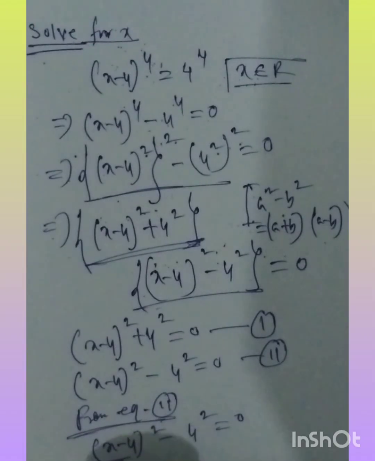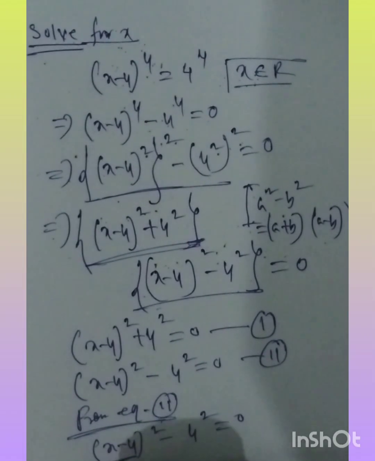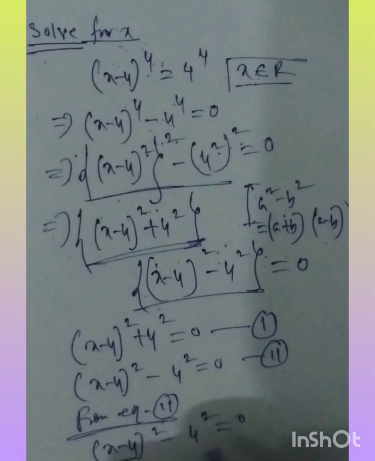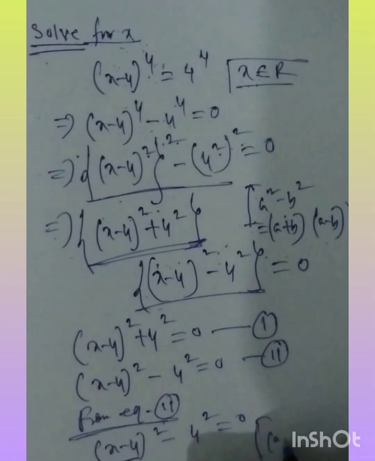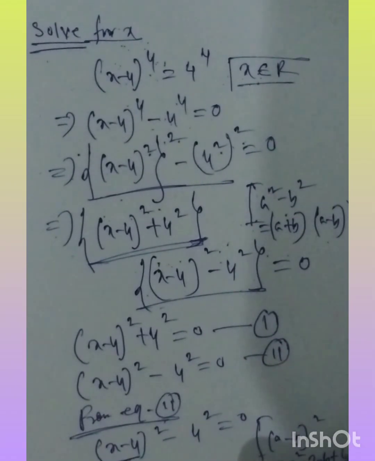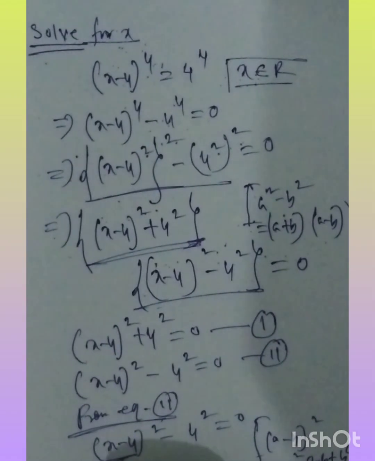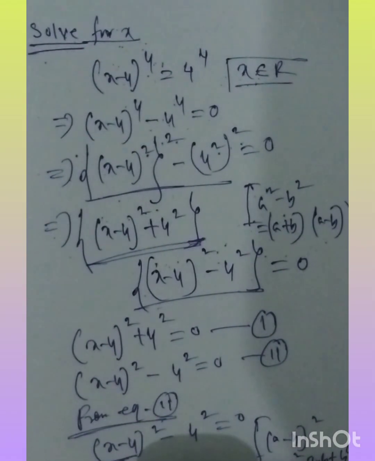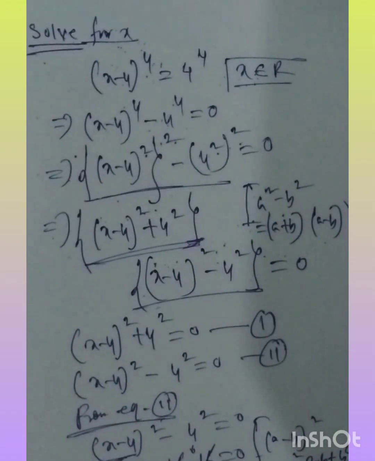Now this part may apply the (a − b) whole square formula, which is a² − 2ab + b². So x² − 8x + 16, and 4² becomes − 16, is equal to 0. 16 cancels. x² − 8x is equal to 0.